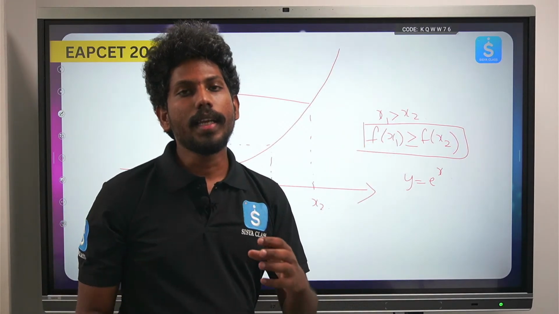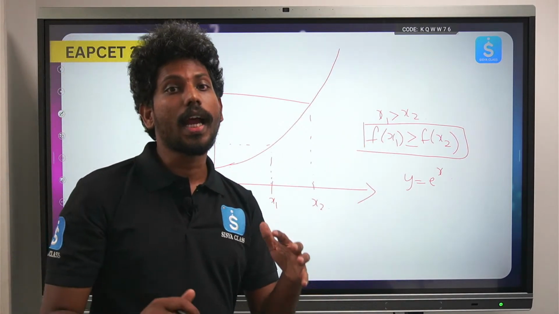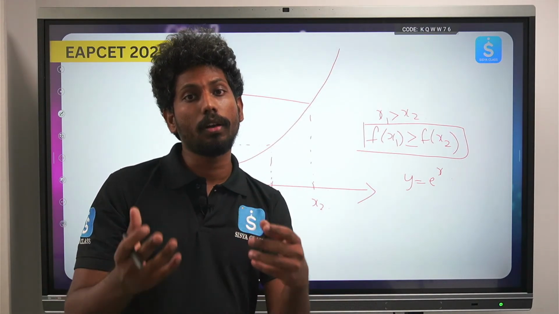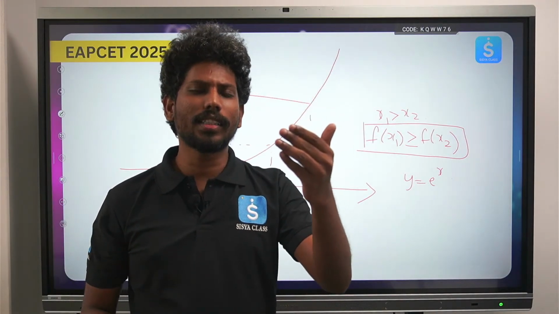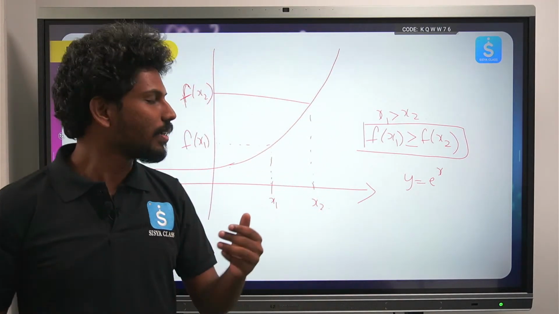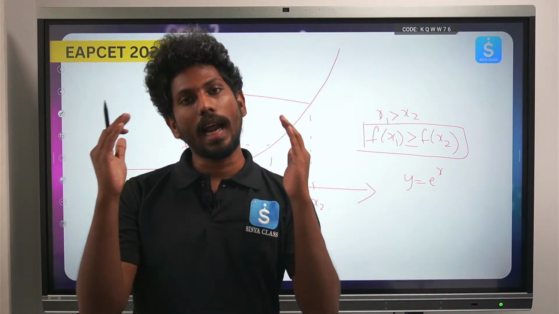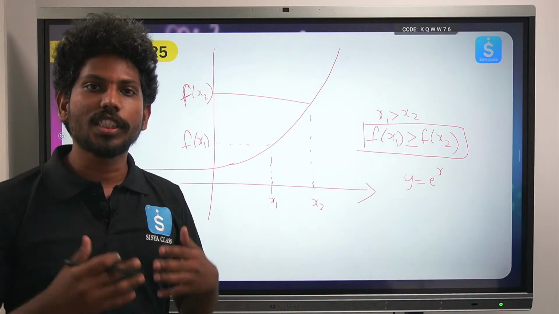But when you are asked a very random or a very complicated function, it is very hard for you to even plot a graph. Forget about whether we can conclude adi increasing function or decreasing function. That's a later thing that comes under a later discussion. But right now, without even visualizing how the graph is, are we in a position to say whether this is an increasing function or decreasing function?